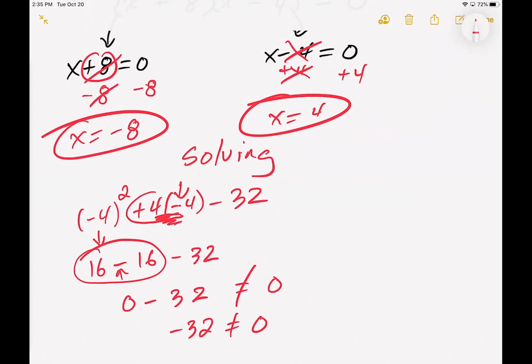The answer has to be positive. My answers are +4 and -8.